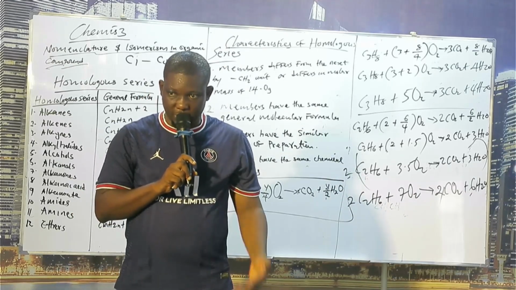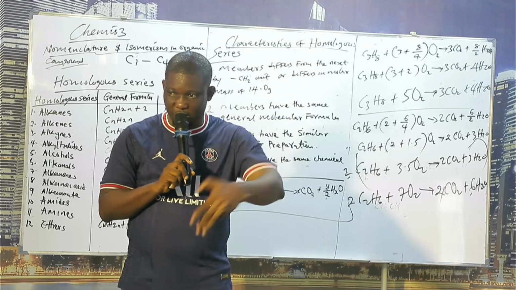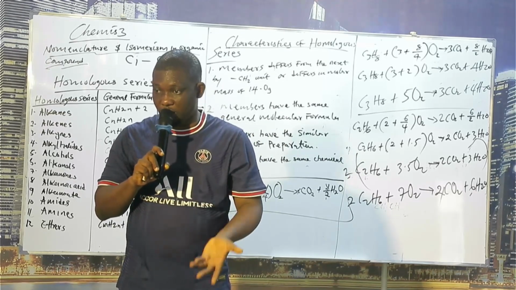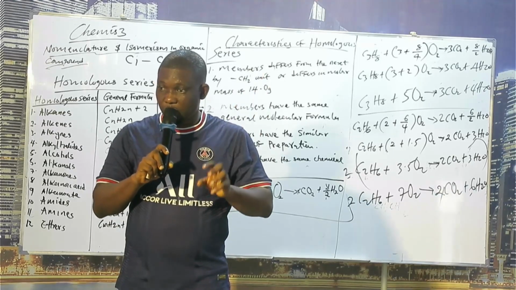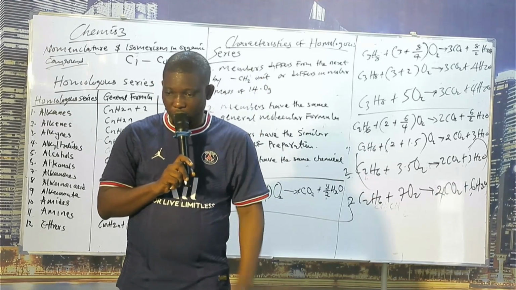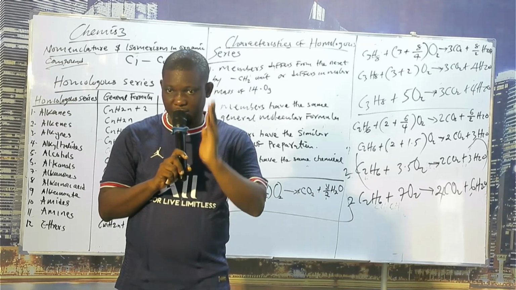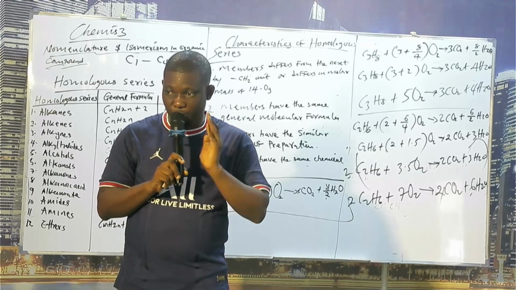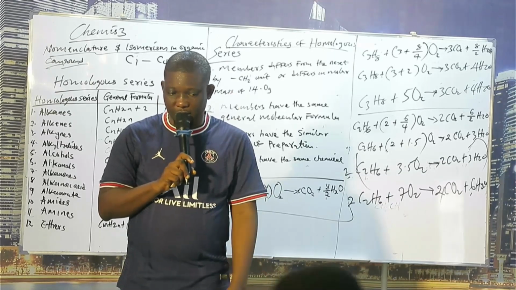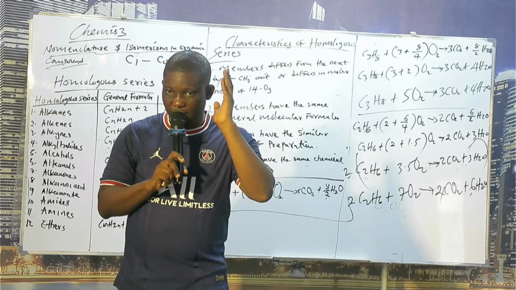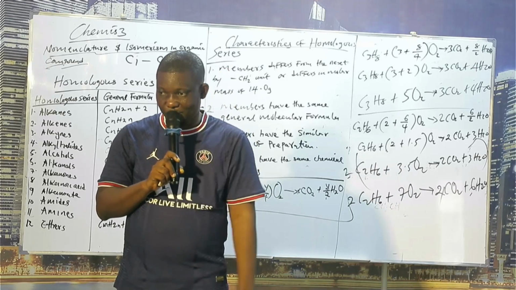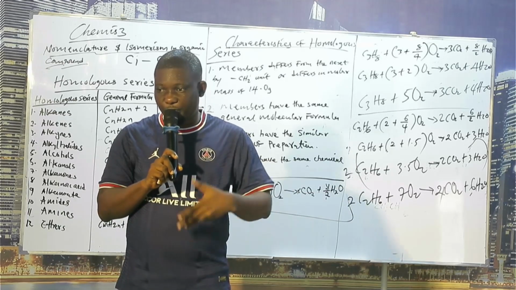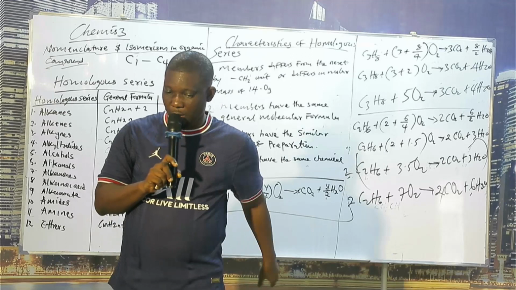As the number of carbon atoms or relative molecular mass increases, the state changes from gas to liquid to solid. Another property that is not the same is molecular formula, and another is molecular mass. But some other things like chemical properties, way of preparing, even functional group are similar. That's going to be the last property now.